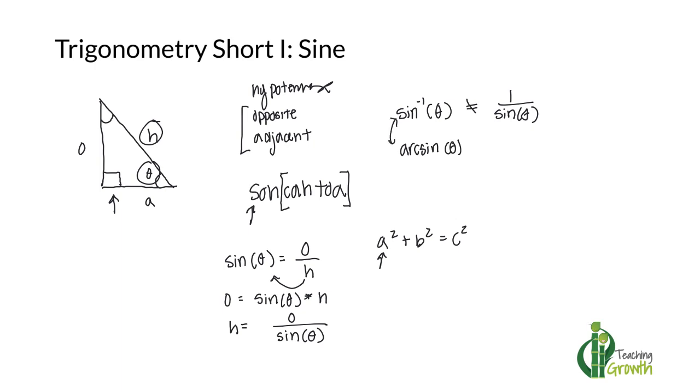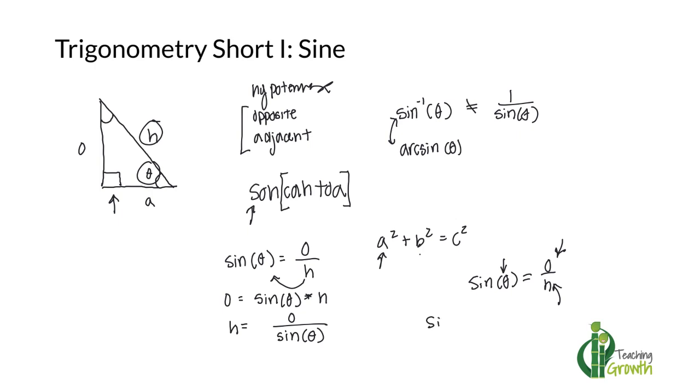Now that we know this, why would we ever want to use it? Let's say that you're given two sides instead. You're given two sides and no angle, and they want you to solve for the angle. So you're given the opposite leg and the hypotenuse leg. Well, we have sine, or SOHCAHTOA: sine equals opposite over hypotenuse. And we know this, and we know this. So how do we solve for the angle, or theta? In this case, we would take the inverse sine function.